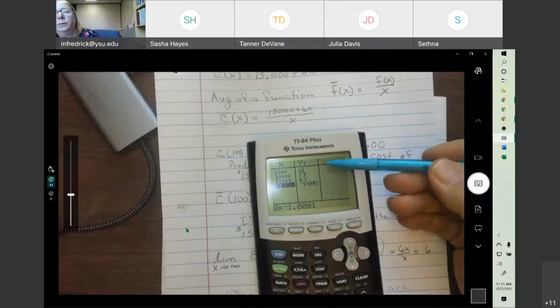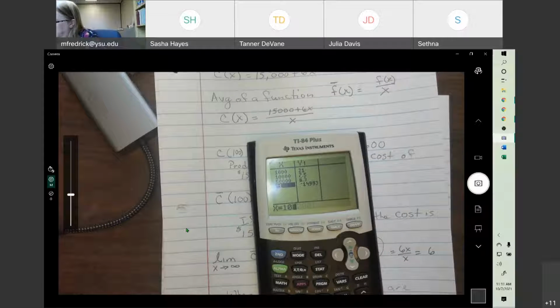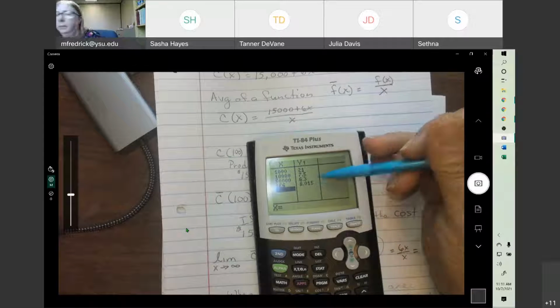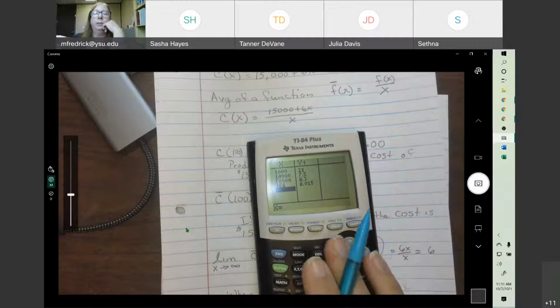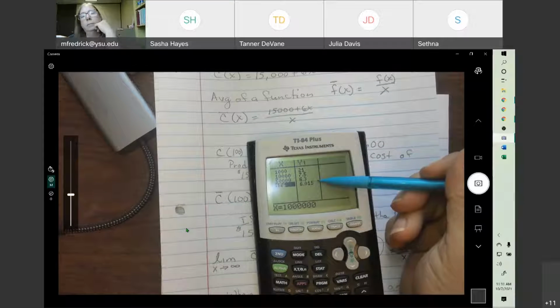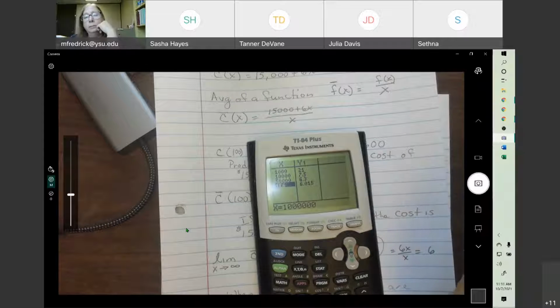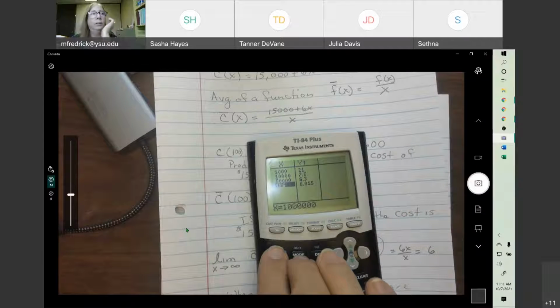Notice we're getting closer and closer to 6. And that's getting closer. So each time we will get closer and closer to 6. But we're talking about a large amount. Any questions on that?